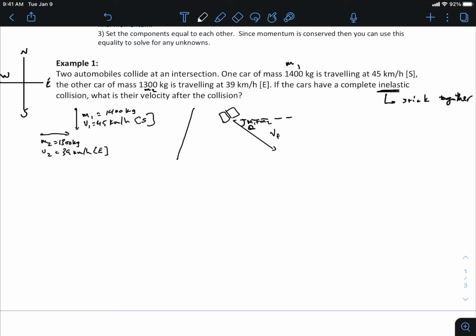So what I think we can do here is we're going to write two statements, right? We're going to have momentum initially in the x direction, right? And we're going to have momentum initially in the y direction, right? So let's do that.